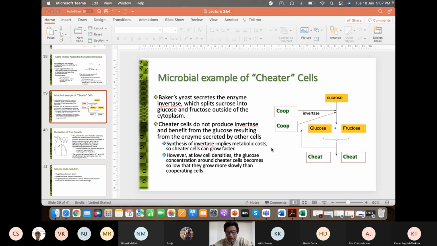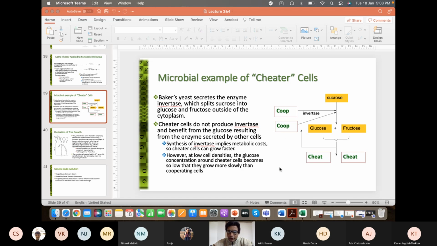And so they grow at the cost of the cooperative cells, which are producing the invertase enzyme and then taking time to break down the glucose and fructose from the sucrose. In the meantime, the cheater cells, being present in the environment, start using up this glucose and fructose that is being produced by the cooperative cells.